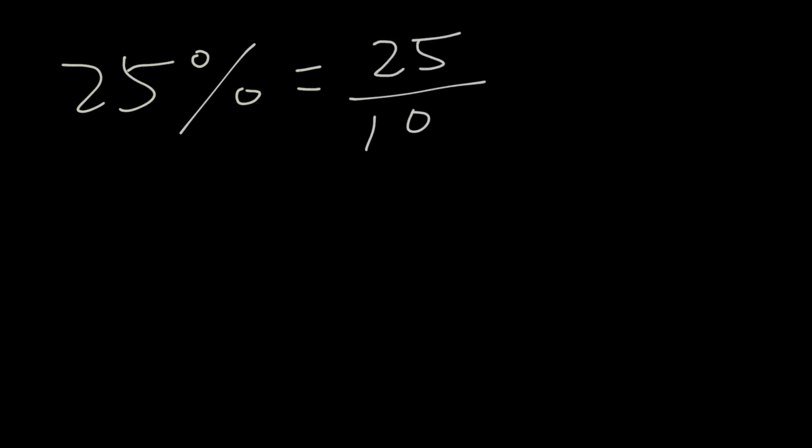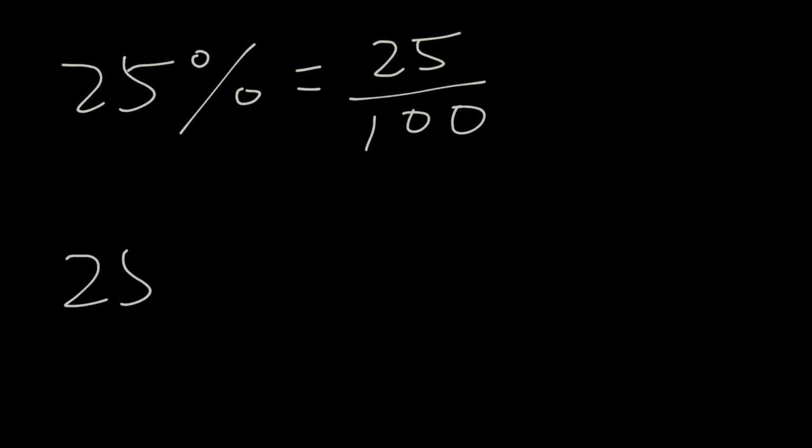Example, 25% is equivalent to the fraction 25 over 100, because 25% is 25 out of 100, therefore it's written as 25 over 100.